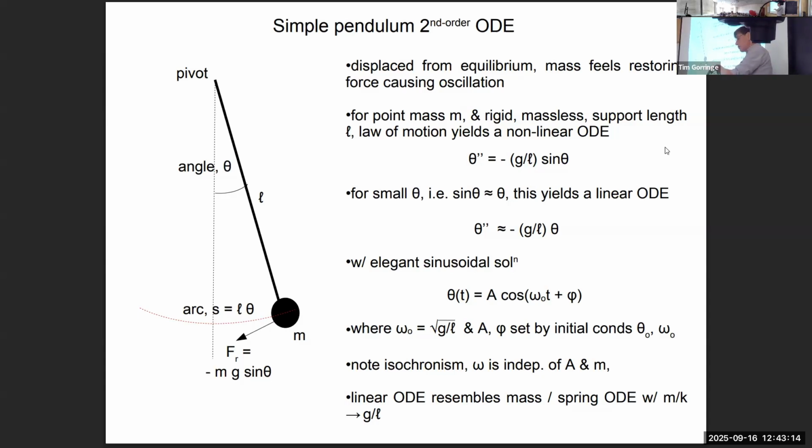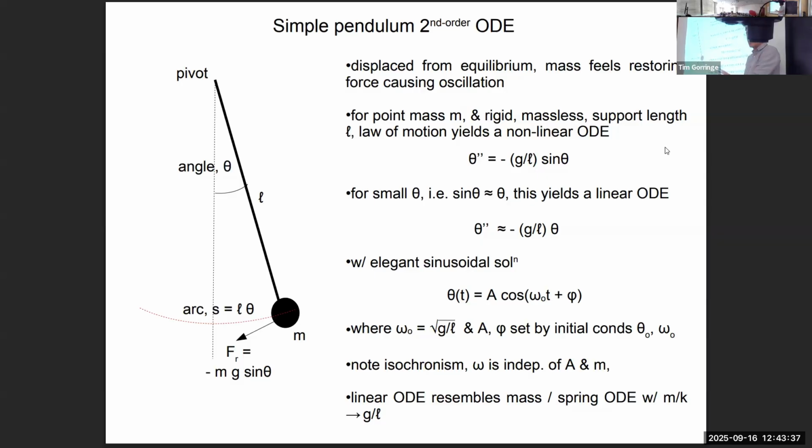So it just depends on the length of the pendulum and depends on the acceleration of gravity. But it doesn't depend on the mass, and doesn't depend on the amplitude that you swing. As long as you stay in this regime where the swings are small in amplitude, where the differential equation is linear.